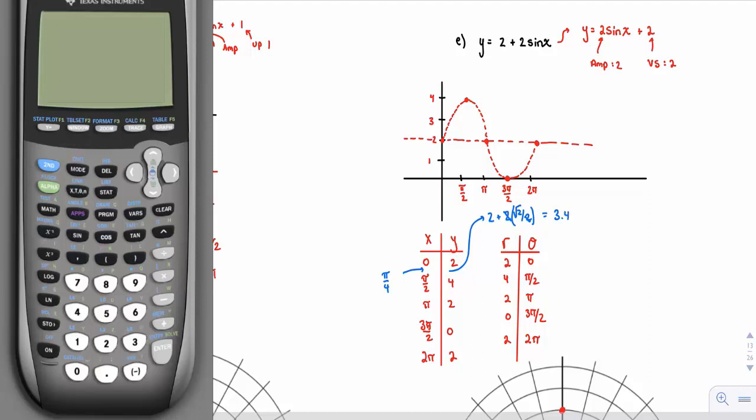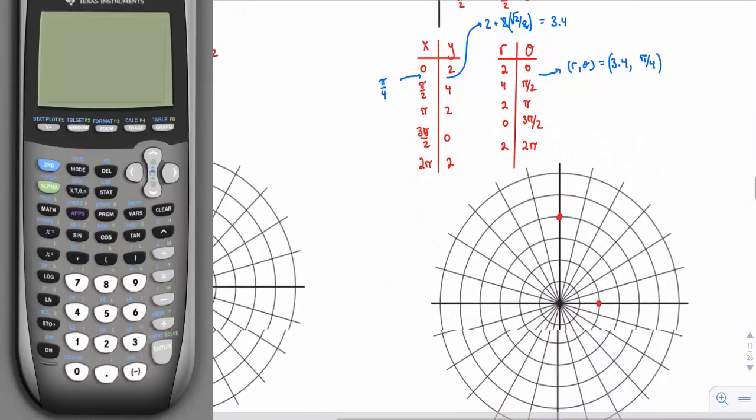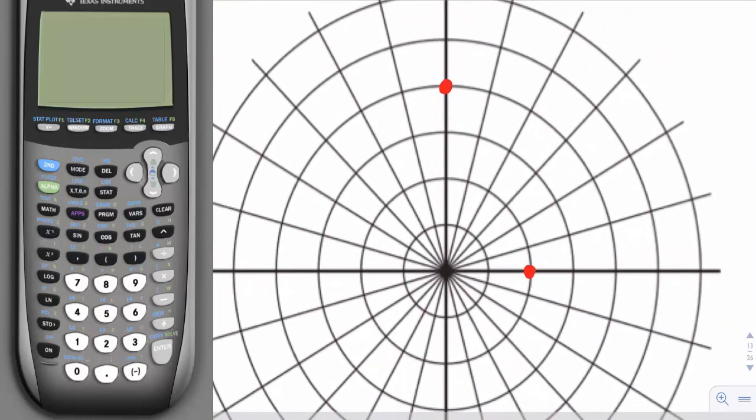So you can now plot the point pi over 4, 3.4, which in this case becomes my r, theta, because remember it just gets flipped around. My radius is 3.4, and pi over 4 is my angle. So if I was going to do that, I'm just going to come over here, go 3.4, and I'm going to go right smack dab in the middle there.